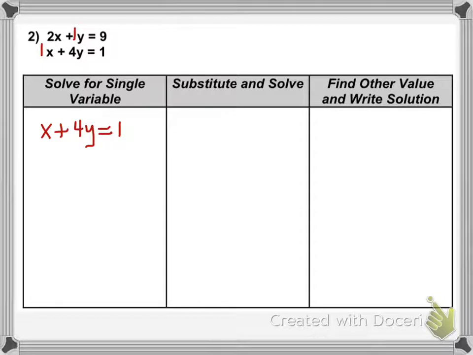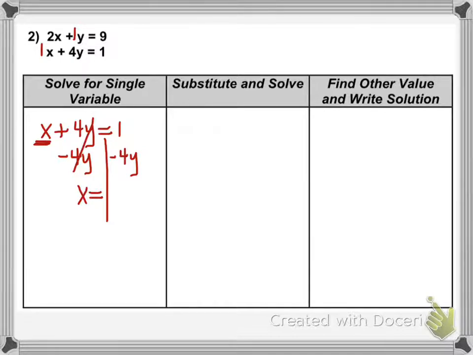Now you're going to solve for that variable that had the coefficient of 1, which is our x. And to get that by itself, I'm going to move that 4y to the other side by subtracting it. Remember, to move a term from one side to the other, you just add or subtract it, whatever the opposite is. 4y minus 4y is 0, so now I've got x equals. On the right side, I've got two terms that are not like.